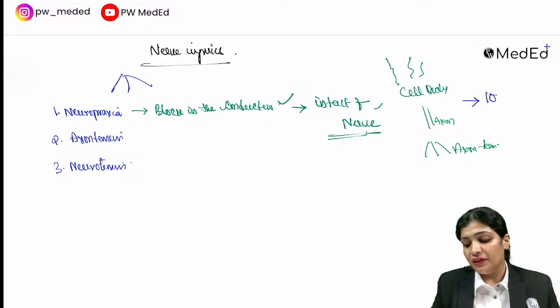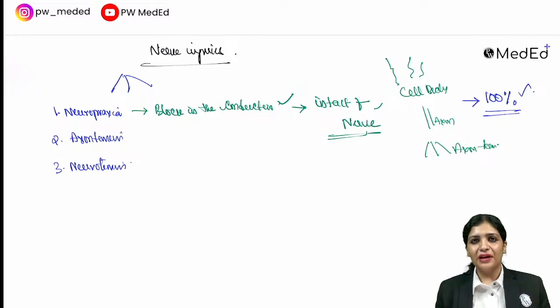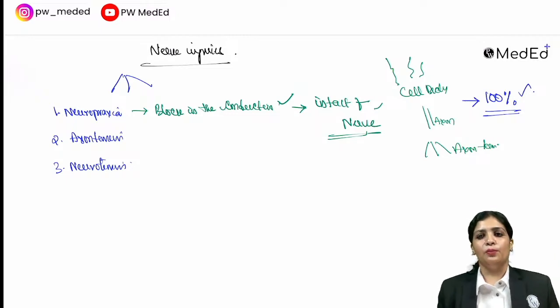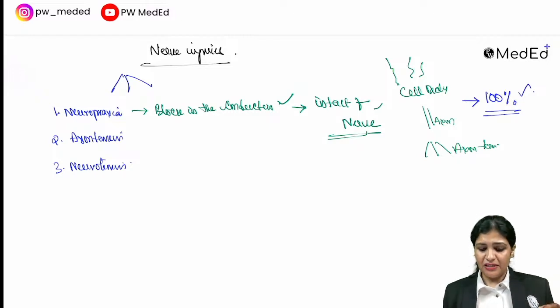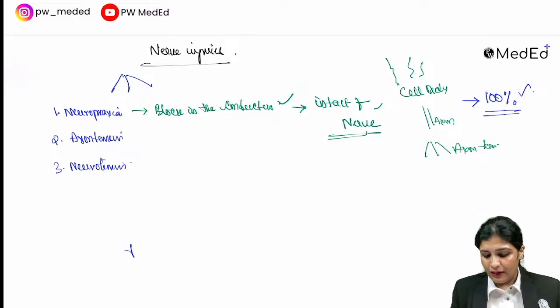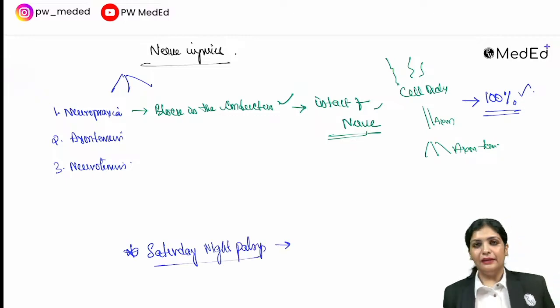So this recovery is always 100% in case of neuropraxia, because the entire structure of the nerve is intact and there is only a flow block which is seen, right? The classical example of this neuropraxia is your Saturday night palsy.